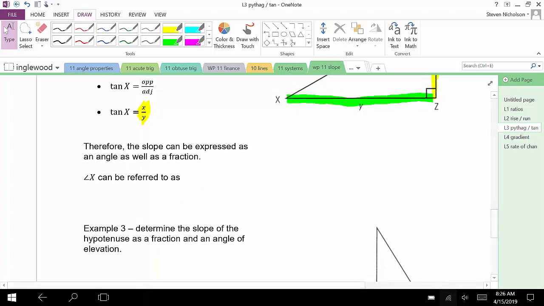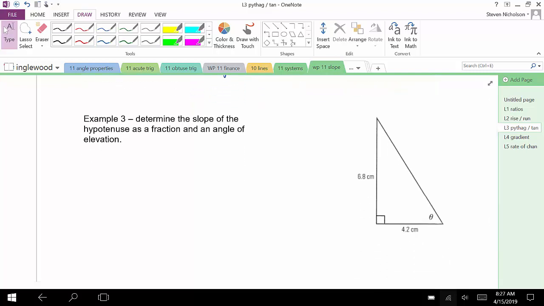And when we're talking about slope in this way, angle x is referred to as the angle of elevation. So last lesson, we learned that slope can be expressed as a fraction or a decimal, and we're adding today, slope can be expressed as an angle of elevation.